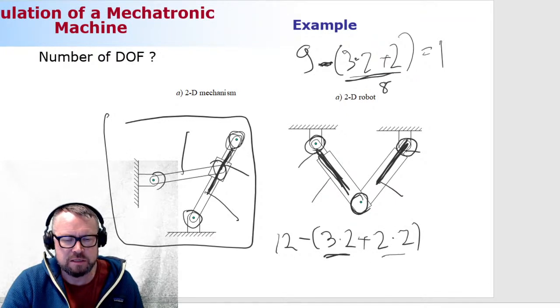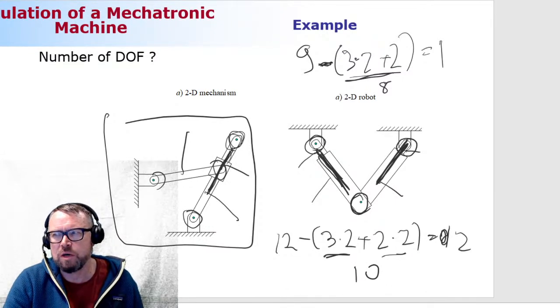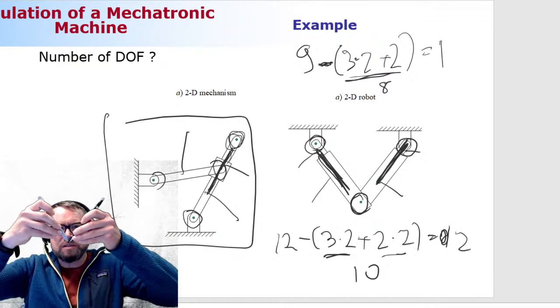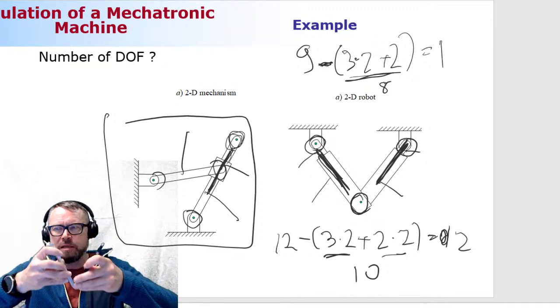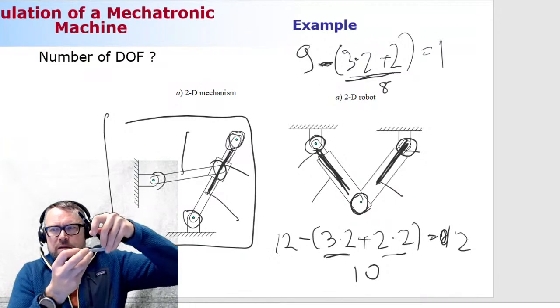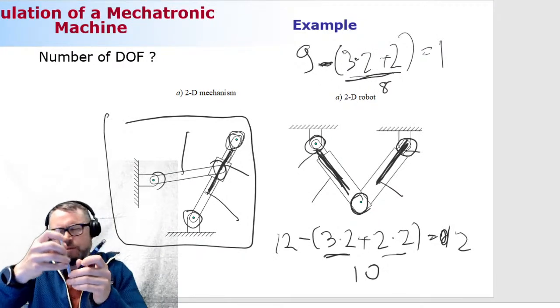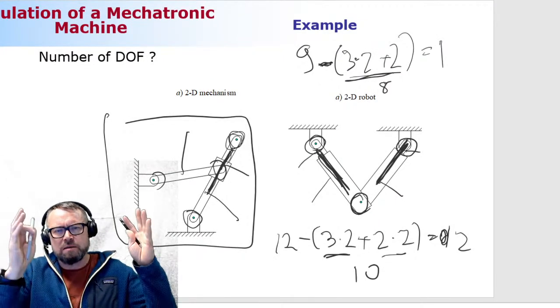This is 6, this is 4, so it's 10. So the number of degrees of freedom is 2. So there are 2 ways that the system can move. It can either go like this, or it can go like this. It's a little hard to play this game with pens, but you got my reasoning.